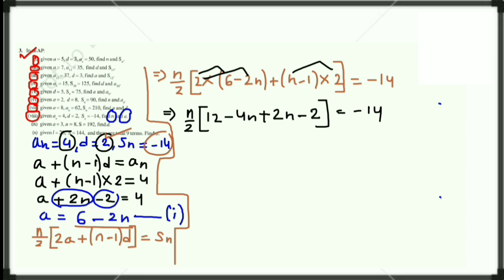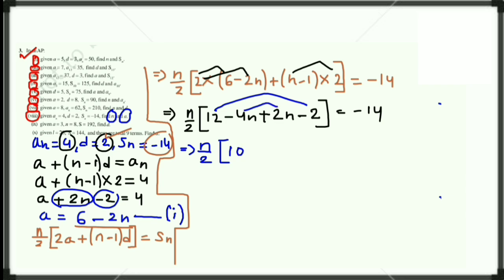Now n by 2, and here 12 minus 2 10 and minus 4n plus 2n.